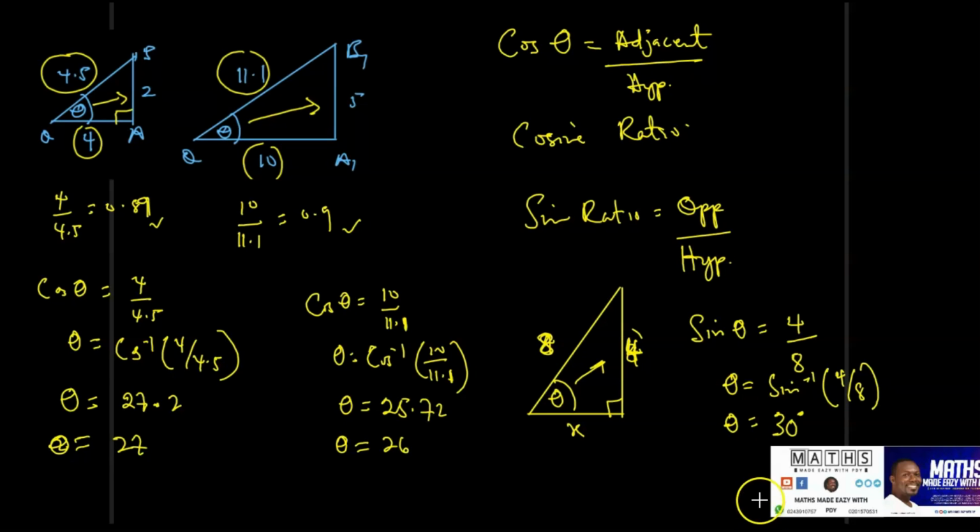X squared will be equal to 8 squared plus 4 squared. Are you sure? It's supposed to be x squared equals 8 squared minus 4 squared. Then you are using Pythagoras theorem to find the missing side.